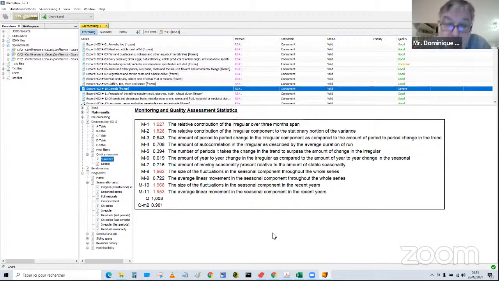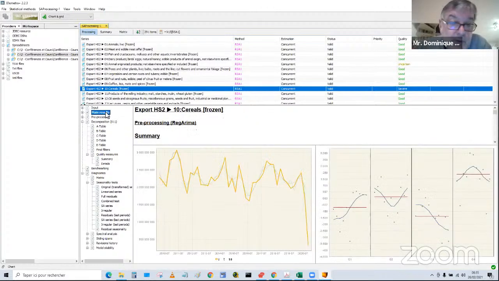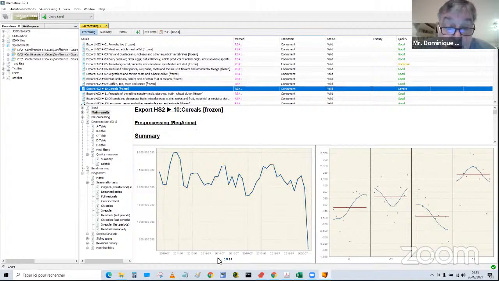I do not see the size of a seasonal component. So let me go back to have an idea of the size. I should make the difference between the seasonally adjusted series and the raw data. So between the blue curve, this one, and this one.